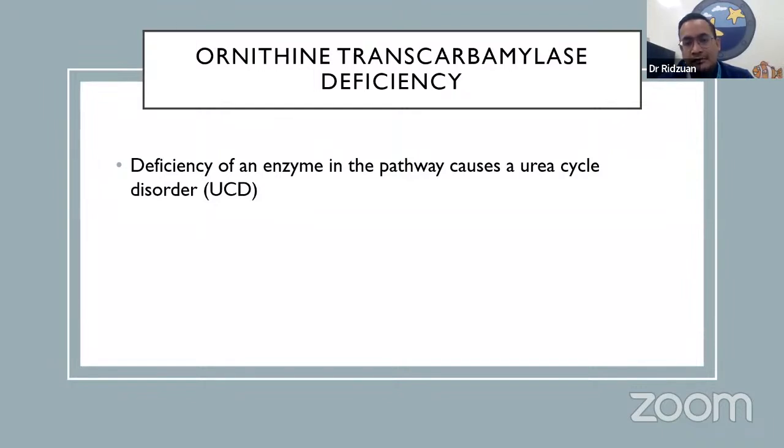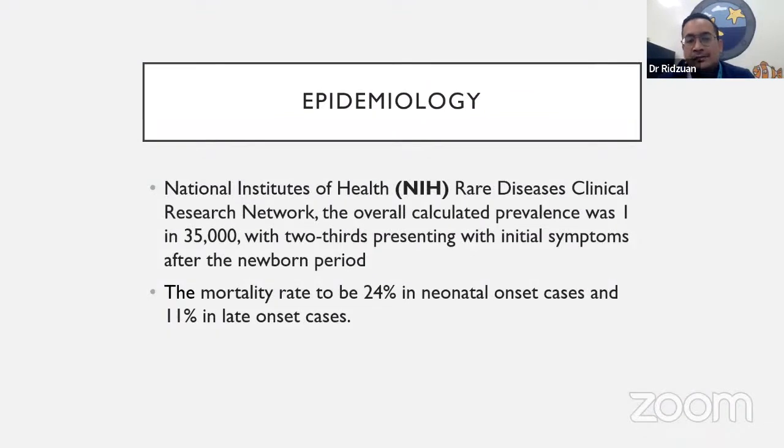And urea cycle disorder is part of the major diagnosis of inborn error metabolism. Based on the National Institutes of Health, the overall calculated prevalence was 1 in 35,000, with 2/3 presenting with initial symptoms after the newborn period. The mortality rates were 24% in neonatal onset cases and 11% in late onset cases.